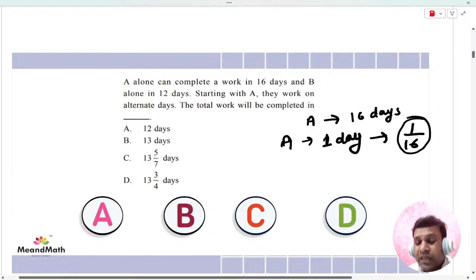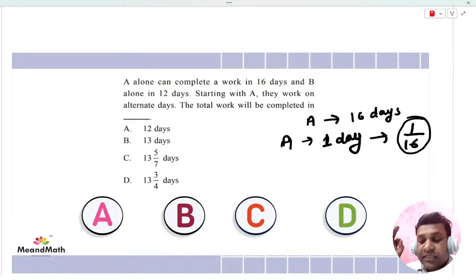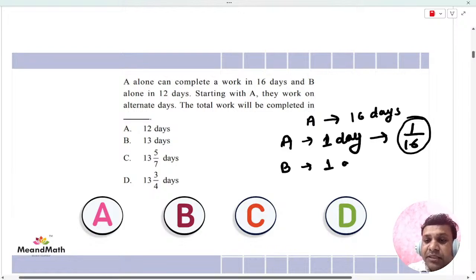So A completes 1 upon 16 in one day. Similarly, B is finishing the same work in 12 days, so the work completed in 1 day by B is 1 upon 12.